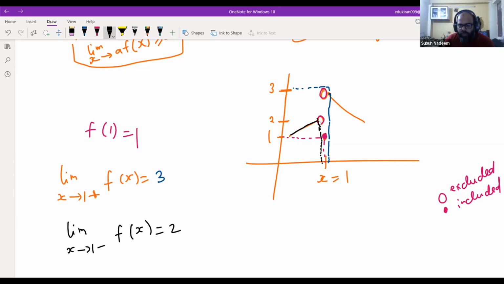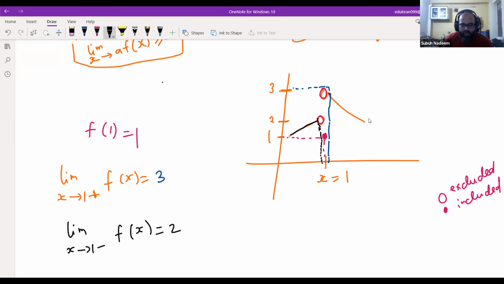So the prediction was 2. You can think like this, that there is a road coming and you are a driver, and it is said to you, what will be the next value? According to the path of the road, since the road is straight, if you are moving from the left, you will say at x is equal to 1, I will land at 2. That is the prediction. That is the limit. That is what limit means.